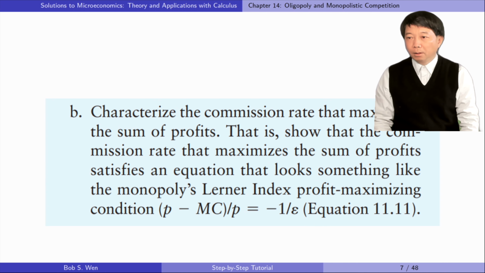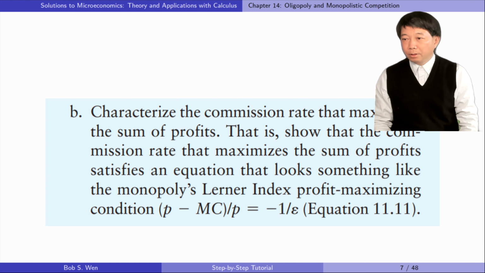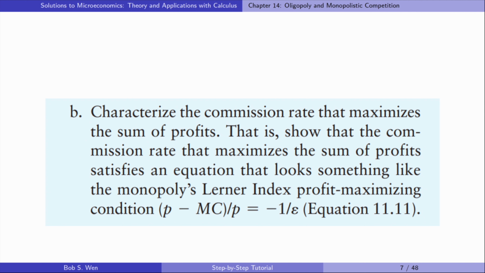In part B, characterize the commission rate that maximizes the sum of profits. That is, the commission rate that maximizes the sum of profits satisfies an equation that looks something like the monopoly's Lerner index profit maximizing condition.